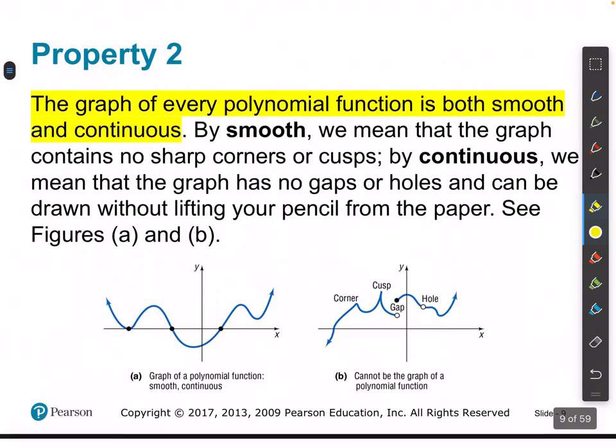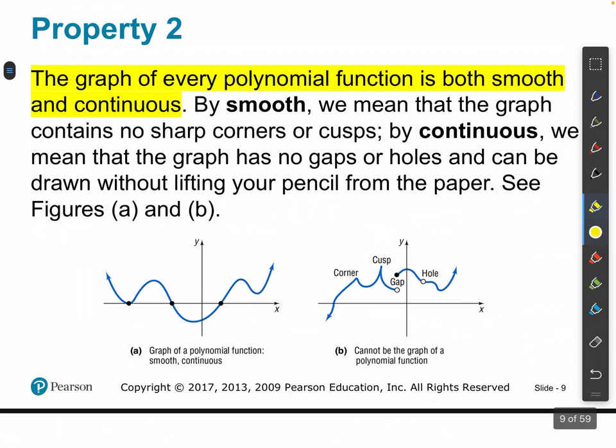Okay. Property 2, the graph of every polynomial function, this is important, you guys, is both smooth and continuous. Okay, so by smooth, we mean no sharp corners. And by continuous, we mean the graph has no gaps. All right, so you can draw it without lifting your pencil. For instance, this would be an example, right?